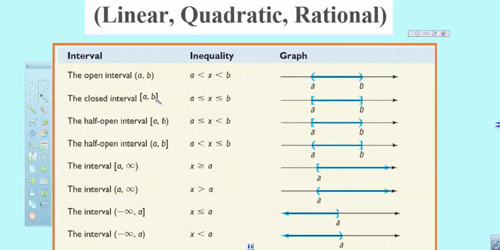And if you have a closed and a closed, that means less than or equal to, less than or equal to, and you have brackets with brackets. You can have a half open either way, so you could have a less than or equal to on one side and a less than on the other side, and vice versa. And then we have some singular ones also. So remember, you can always come back and look at this page and use it as a reference.